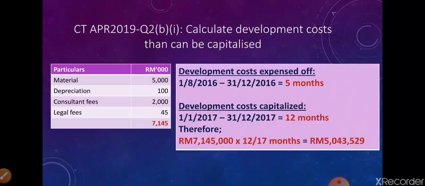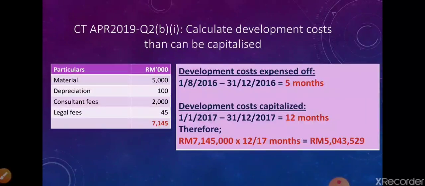Because on 1st January 2017, they are confident that the development cost meets the capitalization criteria, which is the directors are confident in completing the project and the marketability of the new product. So therefore, the cost that can be capitalized is for 12 months, starting from 1st January 2017 until 31st December 2017.